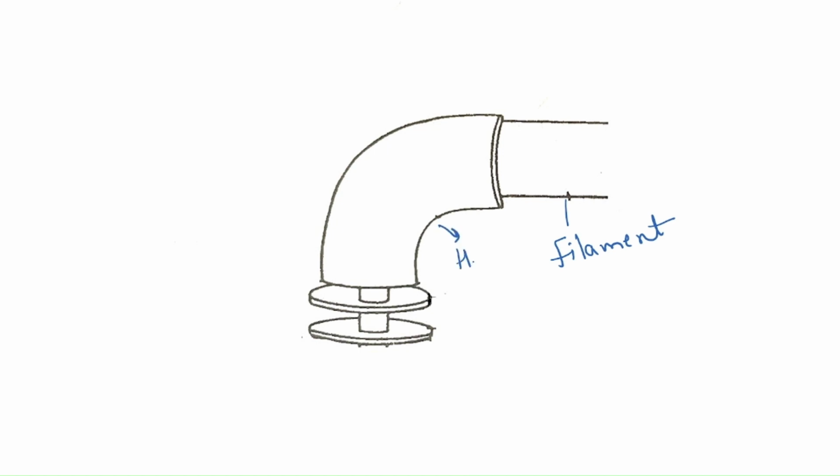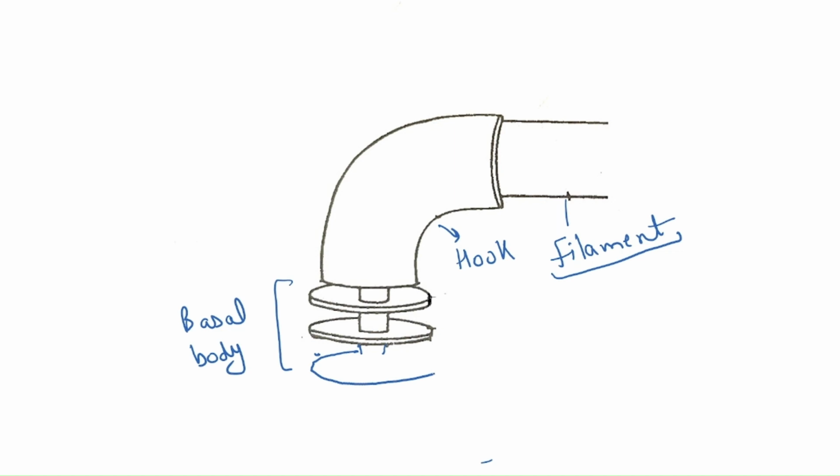This is the hook, and this is the basal body. The filament is the longest portion, and the basal body is a ring-like structure that contains rings. The flagella rotate like propellers, which allows the cells to swim through a liquid environment.